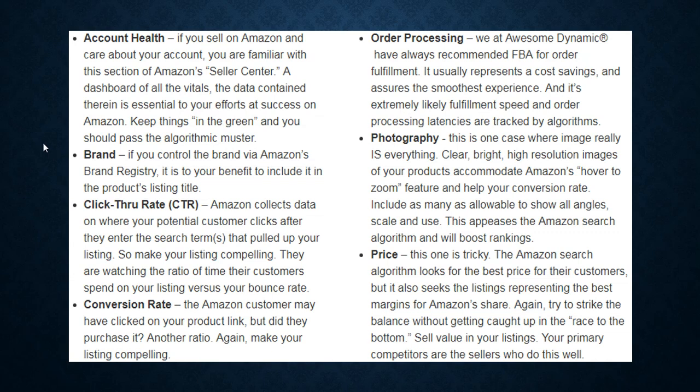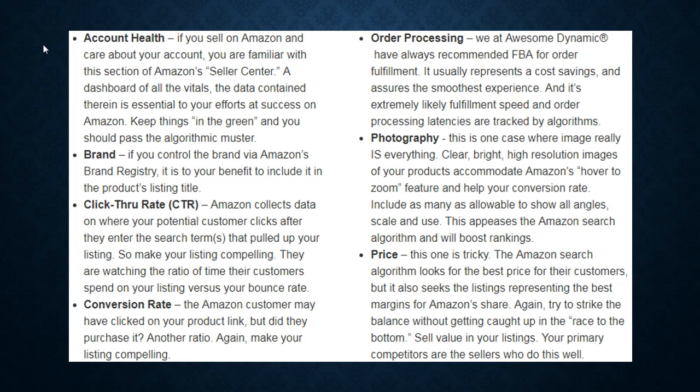And I'll go through this quickly, and then we can discuss, for example, what we have control over and what we don't. Account health, that's pretty straightforward. Order processing, brand, photos, click-through rate, and conversion rate. Now, things that we definitely don't have control over are photos and then order processing.